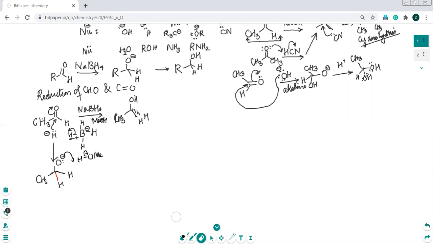So this is methanol. Methanol is getting deprotonated, and this OMe will react with BH3 and that forms your alcohol as the product. It forms this alcohol, and the side product is BH3OMe.